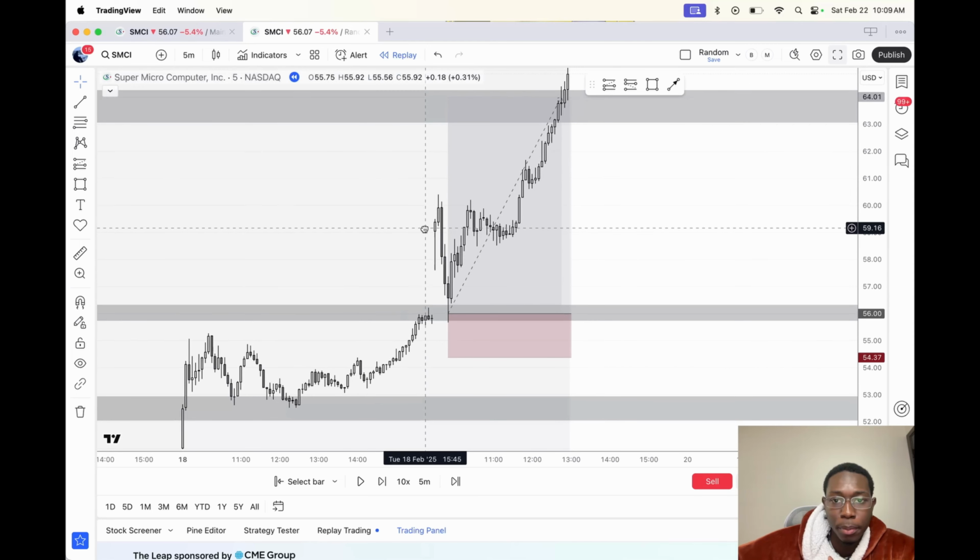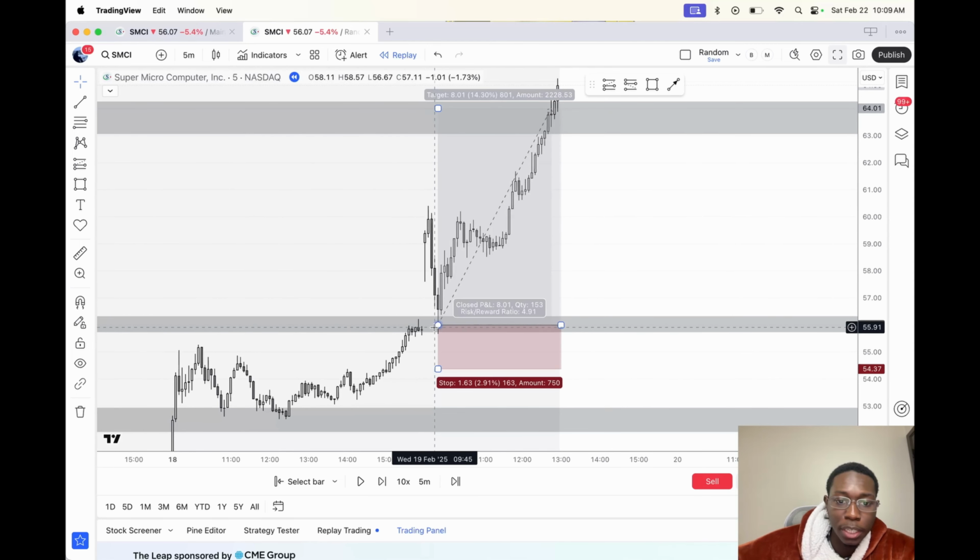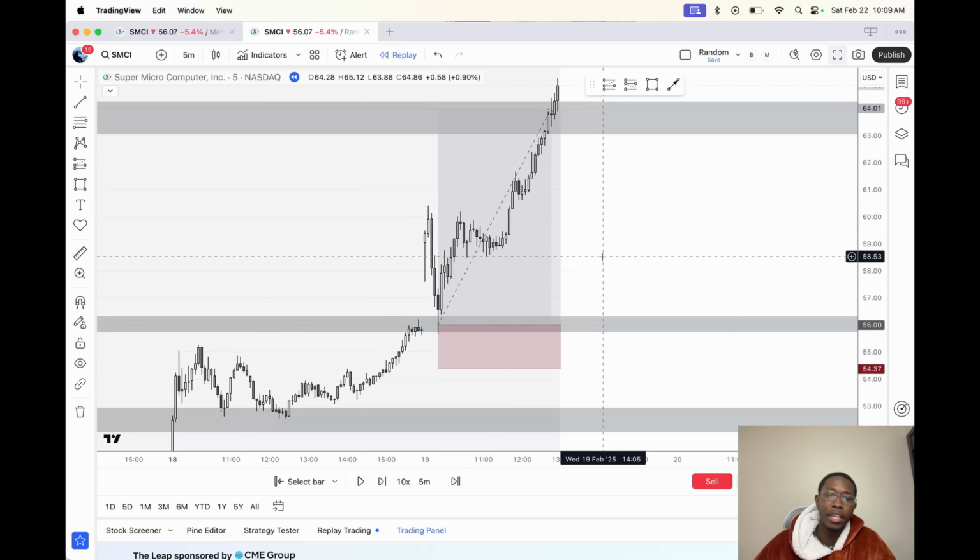So that signaled to me that my entry was going to be at this key level 56. And because buyers are in control and we're trending upwards, that means the probability of buyers taking price higher is higher than price going down.